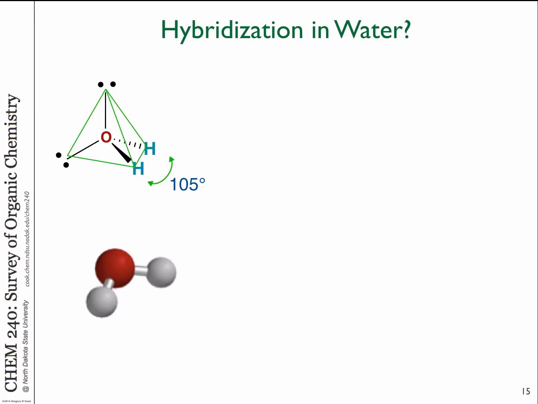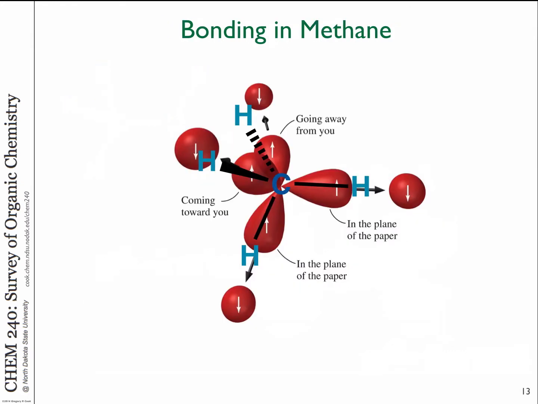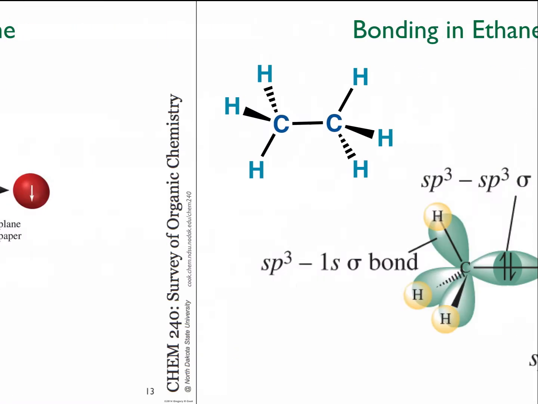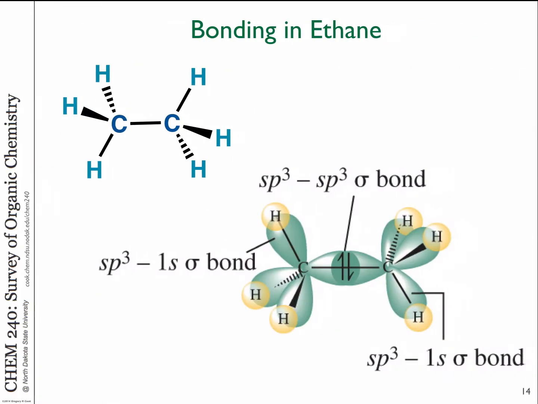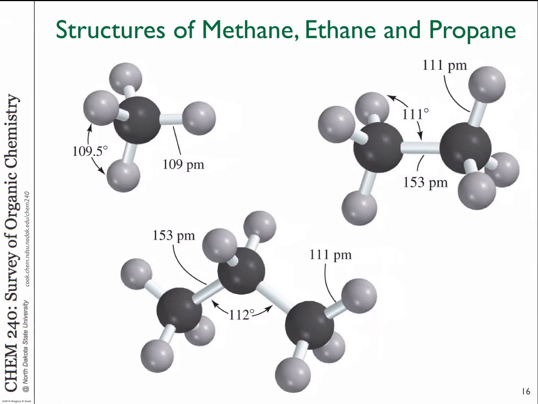Now, let me just go back a slide, 2 slides actually. Well, I don't have the angles here for ethane. I think I have it on the next slide. Yes, okay. Here are the molecules methane, which we talked about, ethane with 2 carbons, and now propane, which has 3 carbons in a row.